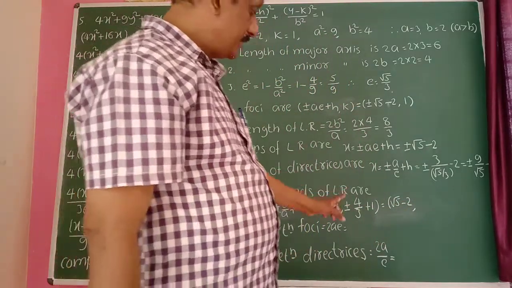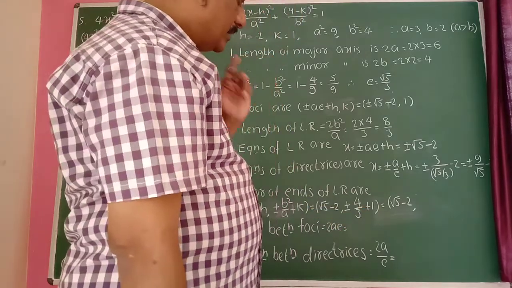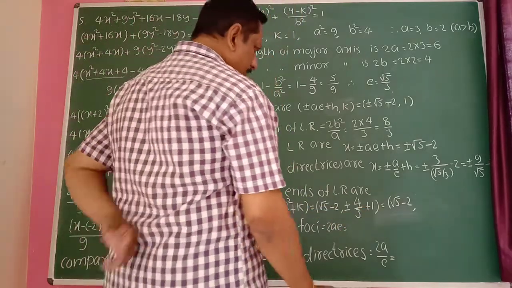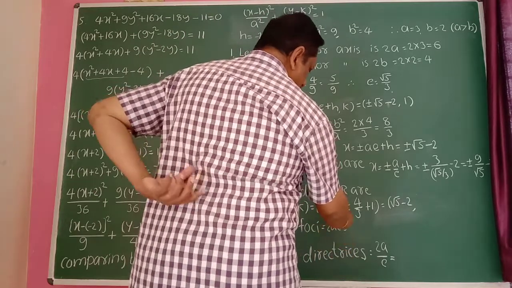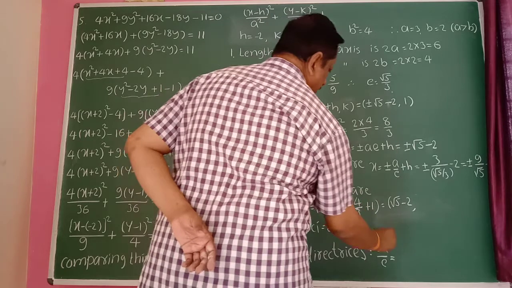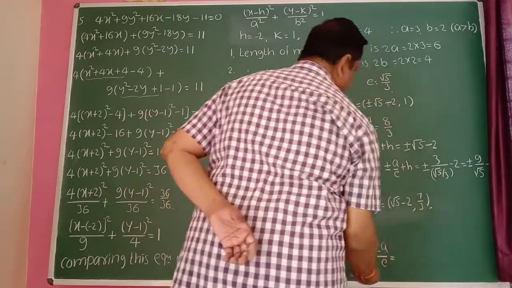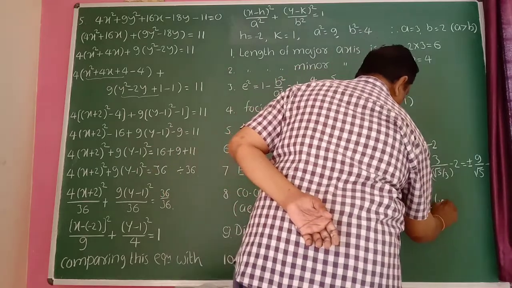Take the first time a plus sign and the second time a minus sign. Let us simplify. If you take a plus sign, 3 ones are 3, 3 plus 4 becomes 7, so 7 divided by 3, and root 5 minus 2 stays as it is.